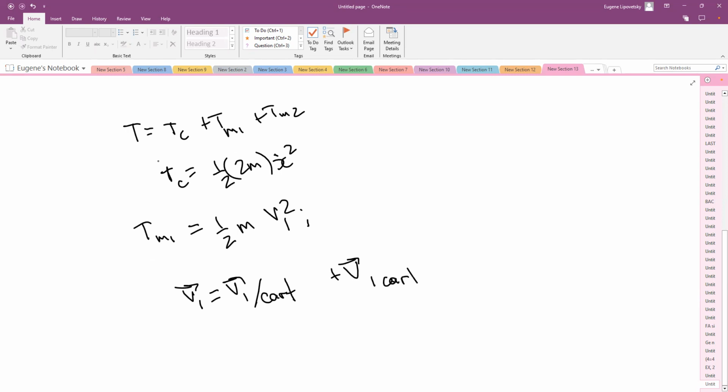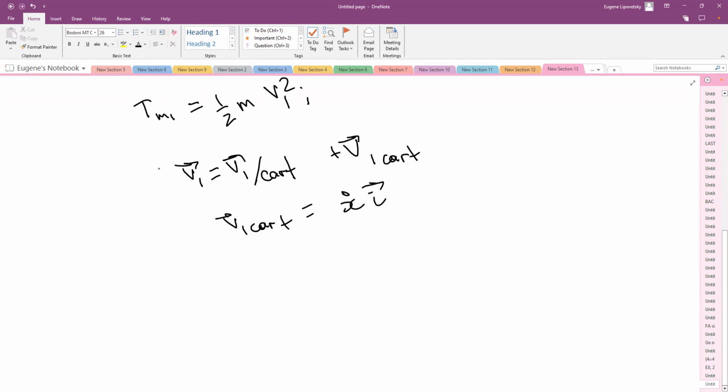Now, V of the cart is known, and that's x dot i, right? The V of the pendulum one relative to the cart, let's just make a local picture, and we'll see that's the theta 1. So relative to the cart, it will be this one. It will form an angle theta 1 with horizontal. That's V1 relative to the cart.